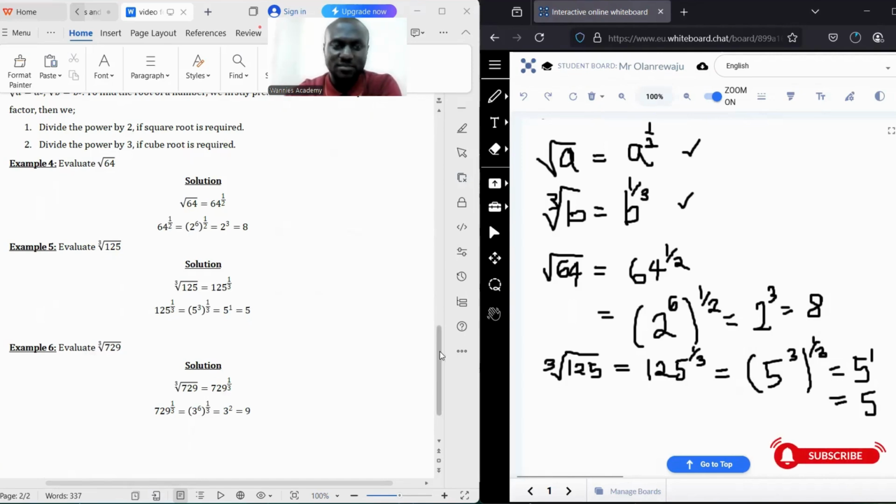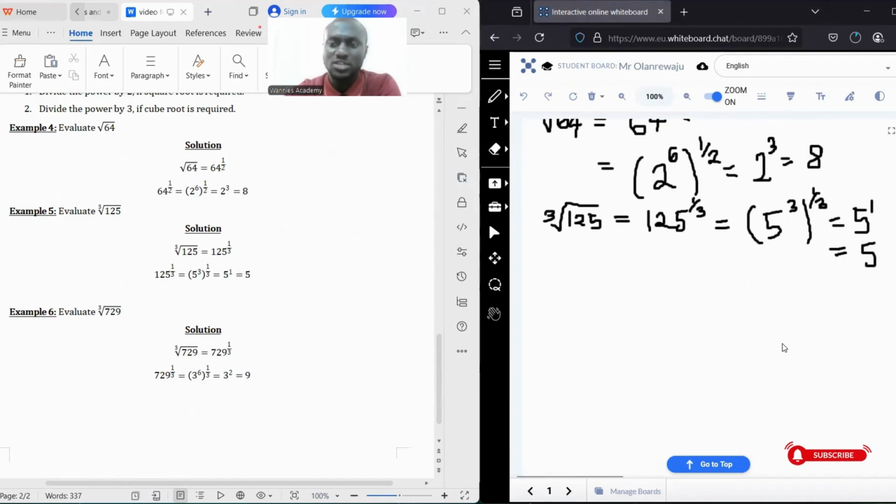For the last example, which we're going to do together, we want to get the cube root of 729. We rewrite as 729 to the power of 1 over 3.